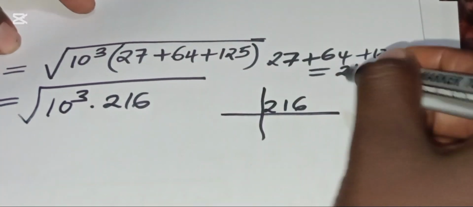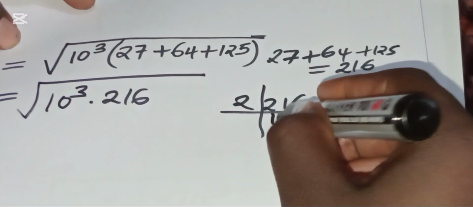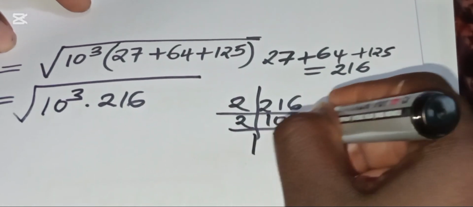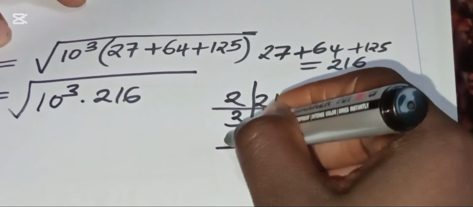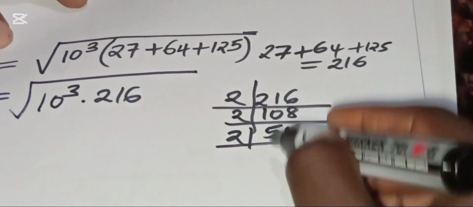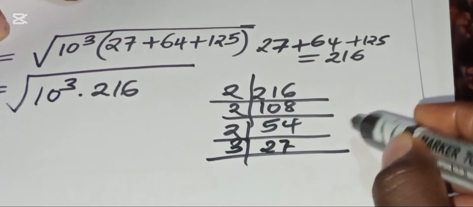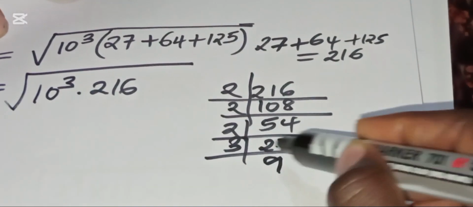If you divide by 2, this is 108. 108 divided by 2 is 54. Again 54 divided by 2 is 27. Now divide by 3: 27 divided by 3 is 9.